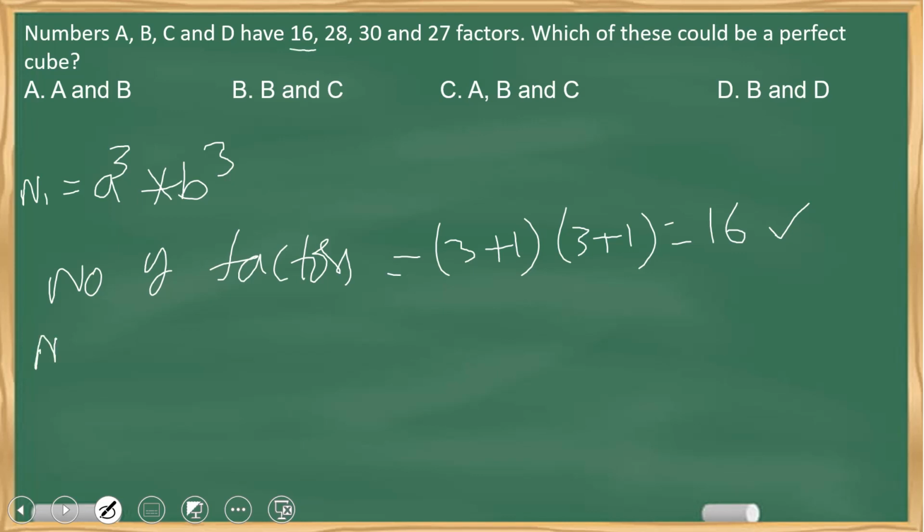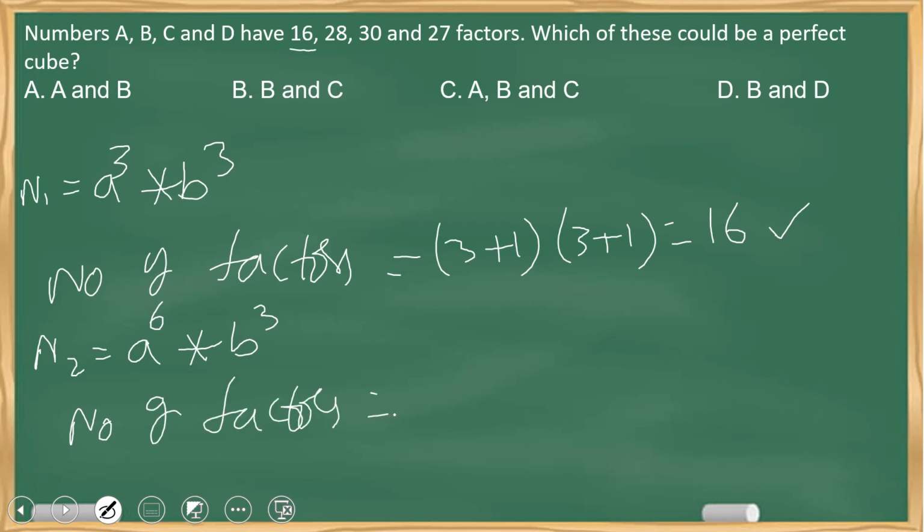Now, try the other one. N2 is equal to a power 6 into b cube, which is also a perfect cube. So, the number of factors for these kinds of questions is equal to 6 plus 1, 7, 3 plus 1, 4, 7 4s are 28.